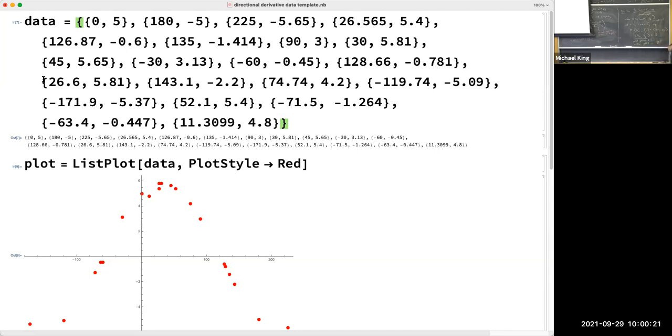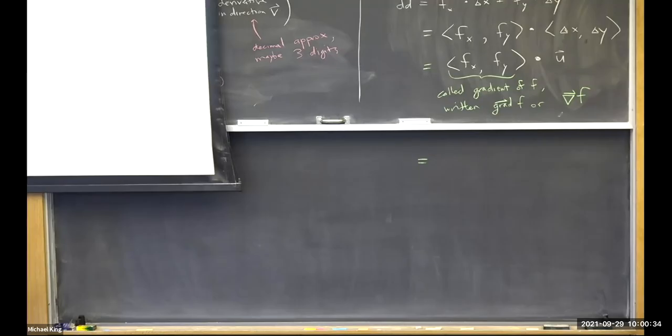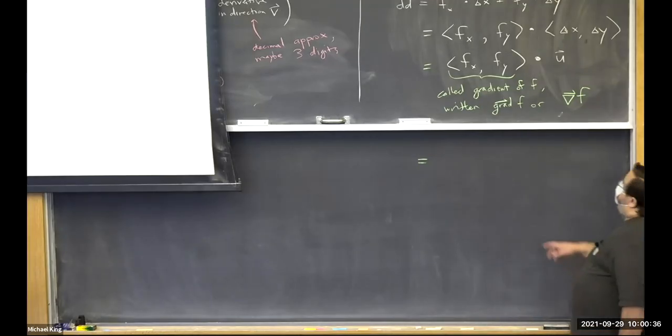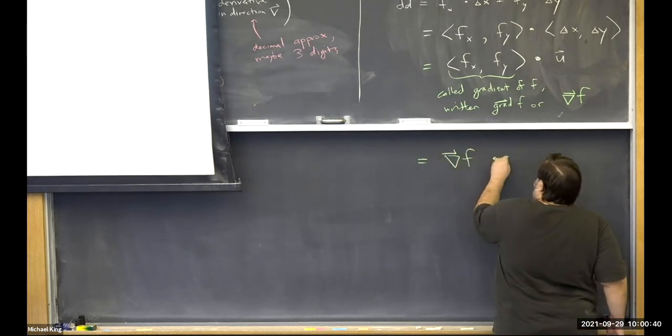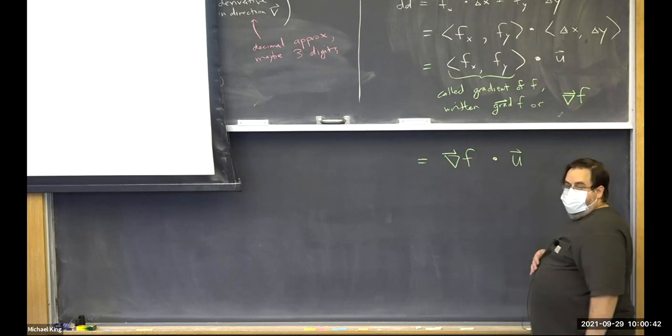That's very common. Okay. And just as the last thing, before we're out of time, this is grad f dotted with u. This is actually the formula people use for the directional derivative.